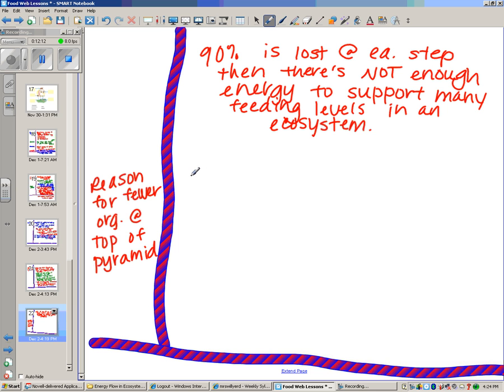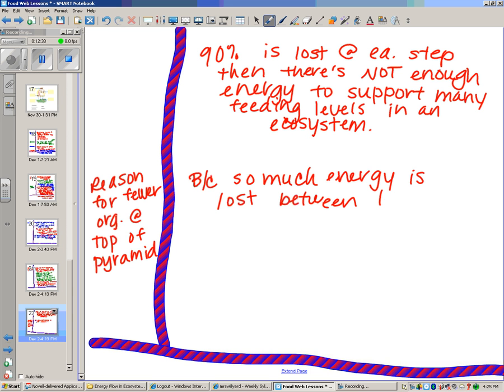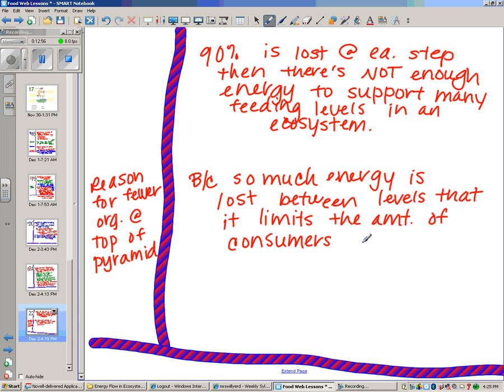So you could say that because so much energy is lost between levels that it limits the amount of consumers an ecosystem can support.